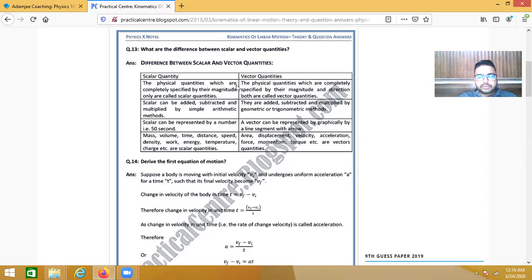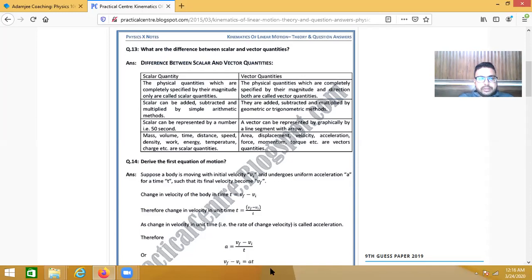On the other hand, as we have discussed the example of force, force is a vector quantity because it has a direction. For example, you're pushing a car, right? So when you're pushing a car, you're applying a certain force in a certain direction. That makes it a vector quantity.